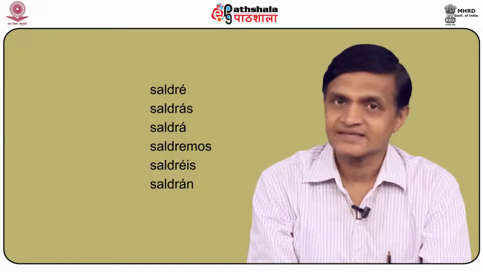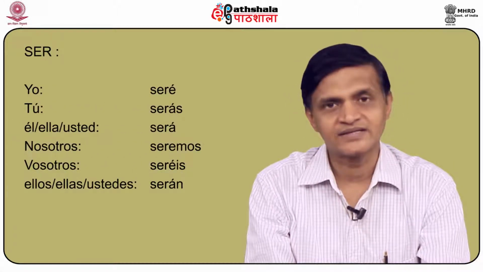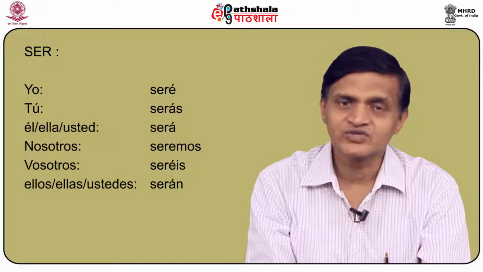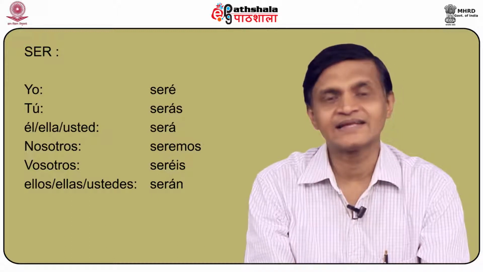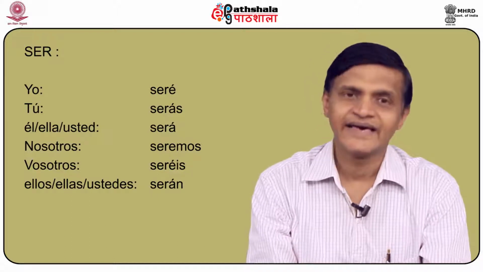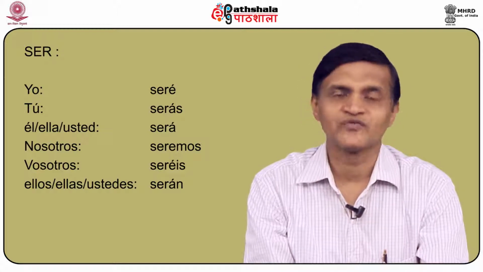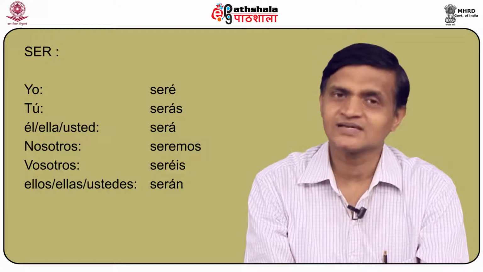Another verb like estar, and it is always better to learn ser and estar together, is ser. And how do you conjugate ser in the future? You conjugate ser in the future in the following manner. Yo seré, tú serás, él, ella, usted será, nosotros seremos, vosotros seréis, and ellos, ellas, and ustedes serán.